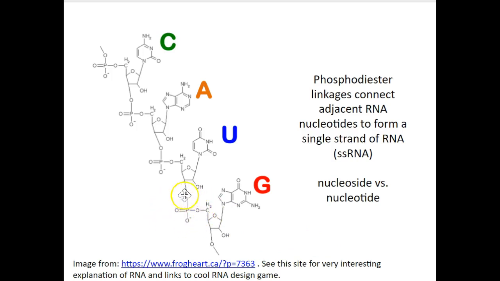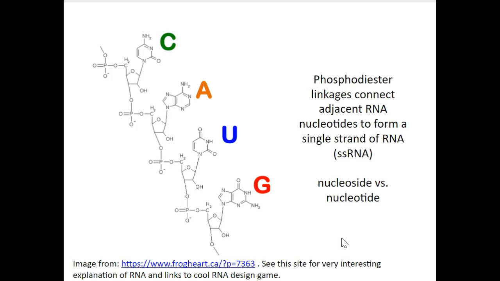So this is a phosphodiester linkage. It's not called a bond here because it describes this whole pattern of connectivity. Here's a phosphodiester linkage, here's a phosphodiester linkage, and here's a phosphodiester linkage. So that pattern is the same as observed for a single strand of DNA within a chromosome.